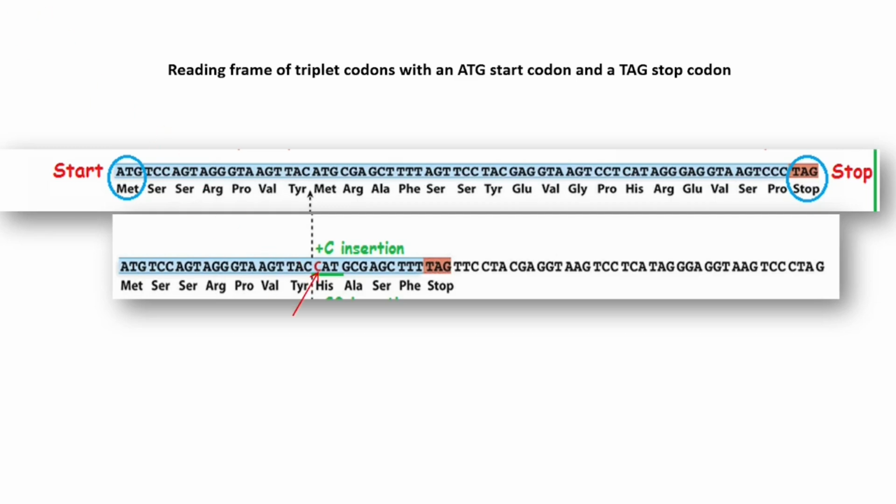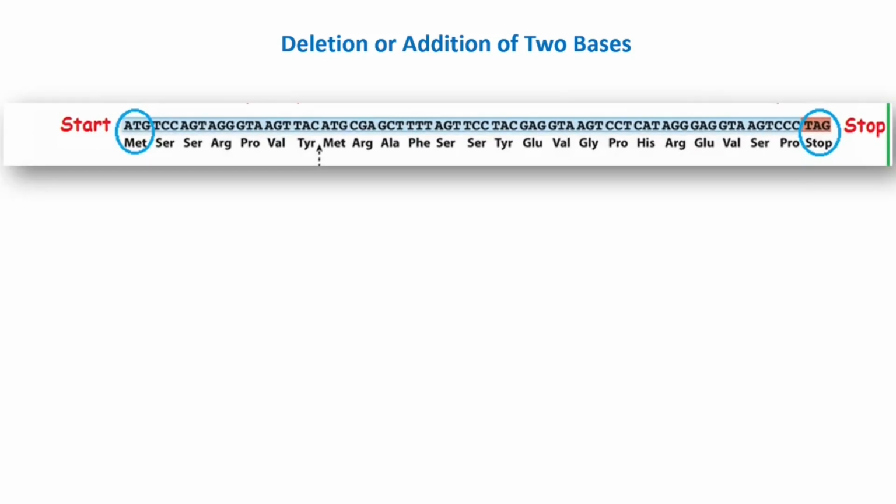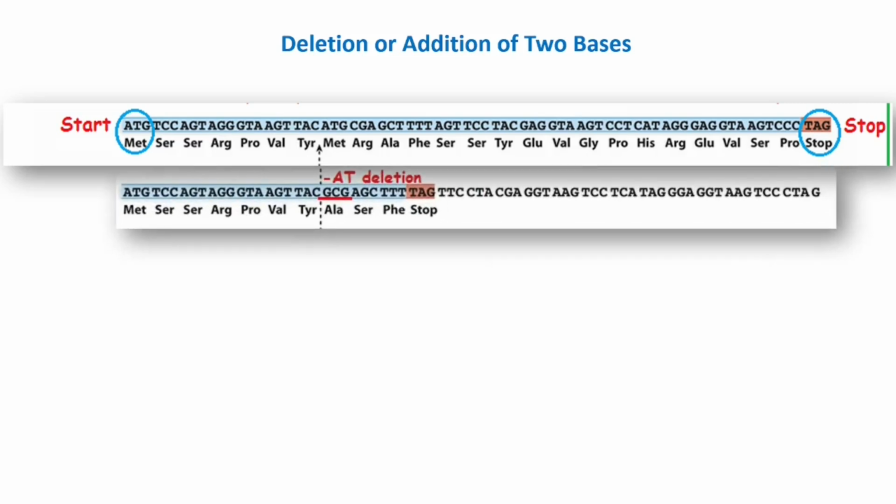Let us now see what happens if there is a simultaneous addition and deletion of two bases from a nucleotide sequence. If from a nucleotide sequence, two nucleotides, in this case AT, are deleted, the changed sequence of nucleotides is thrown out of the reading frame, resulting in a frameshift mutation, which leads to a changed sequence of amino acids in the protein.